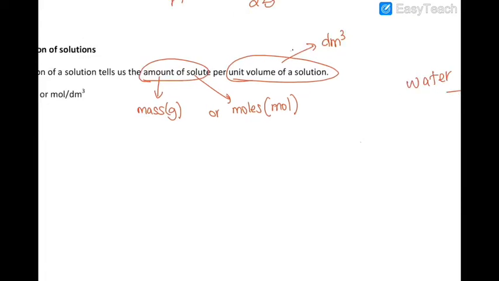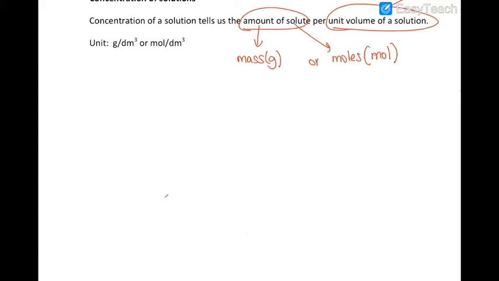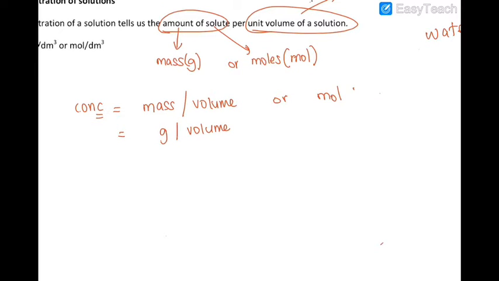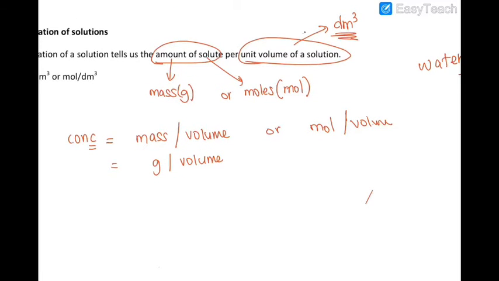So concentration is the amount of solute, so the mass of solute per volume. So it's the gram per volume, or it's the moles per volume. And that volume is 1 dm cube.